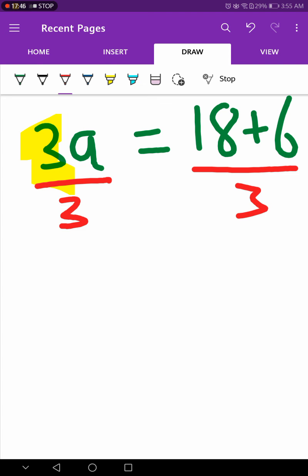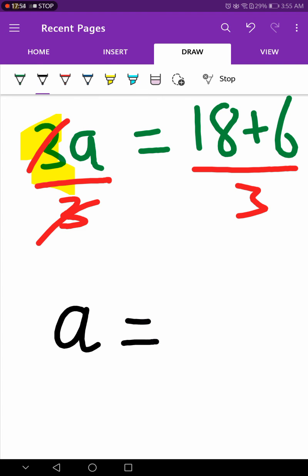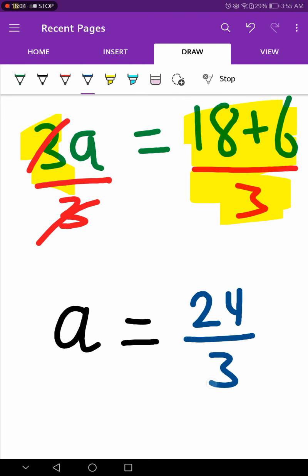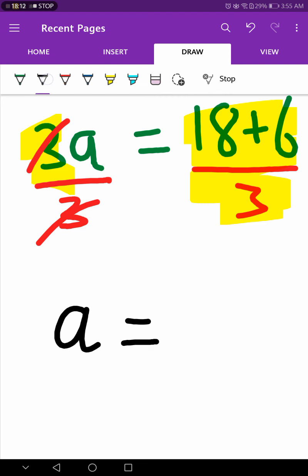The 3 cancelled and the a comes down alone and happy. So what happened here? 18 plus 6 is 24 over 3.